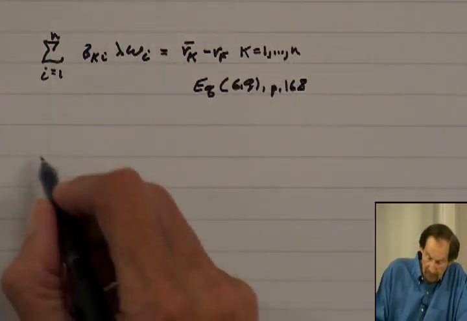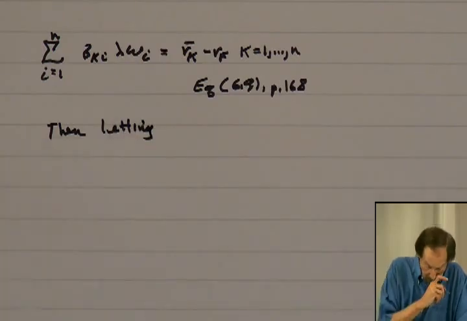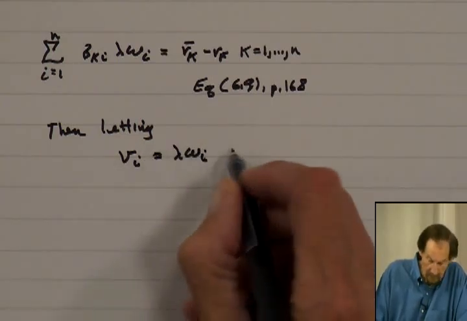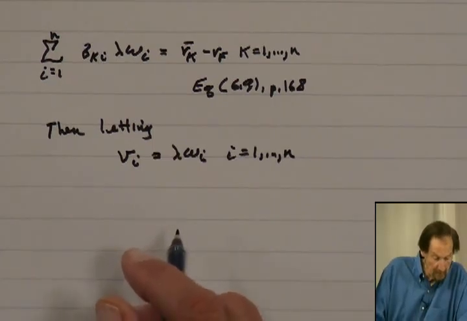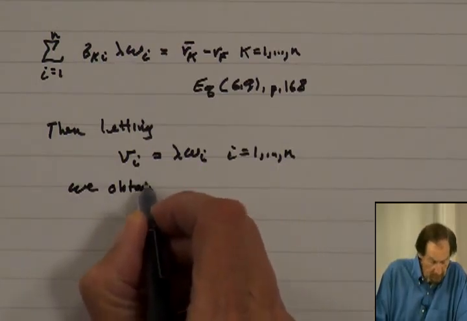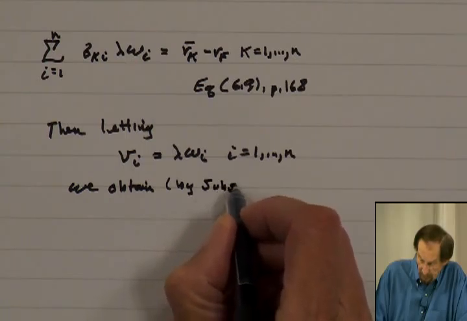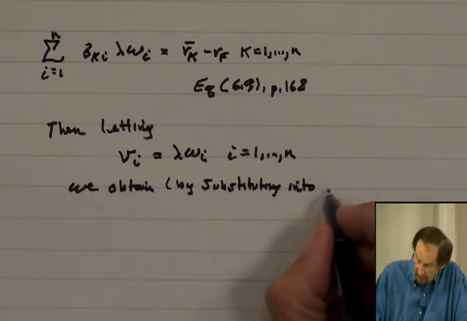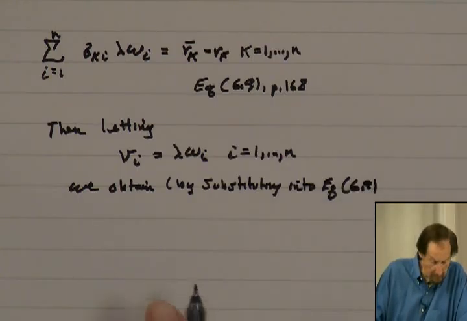Okay. Then letting vi equal lambda wi, i equals 1 to n, for all our risky assets, we obtain, by substituting into equation 6.9, the following.